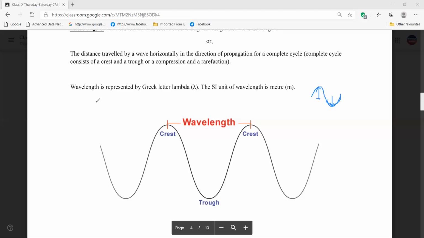But a sound wave moves in the air by compression and rarefaction, or compression and expansion, of the air molecules, right? This way, you see.